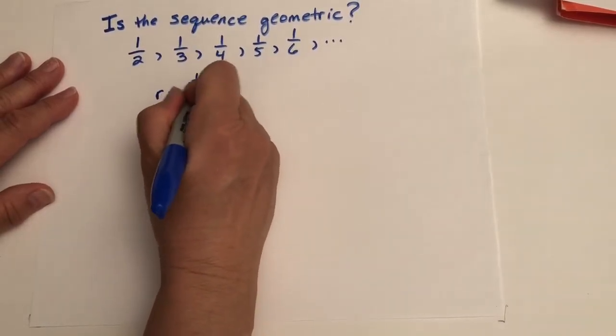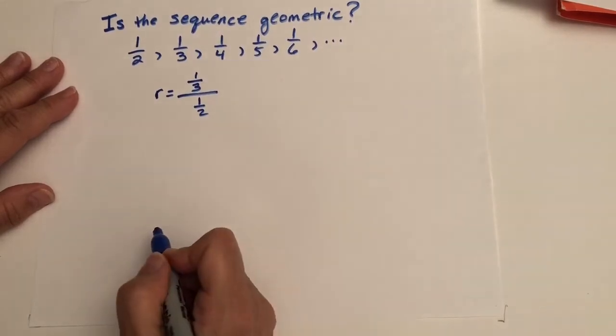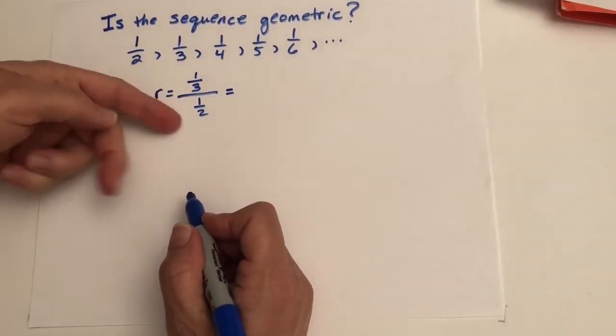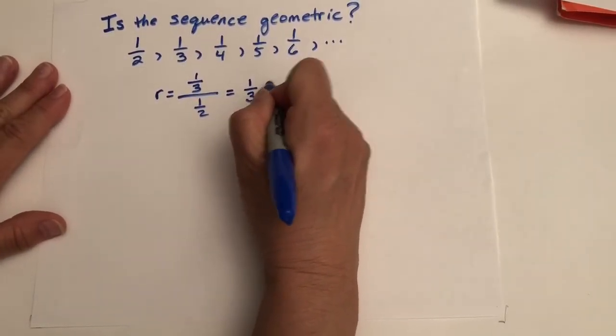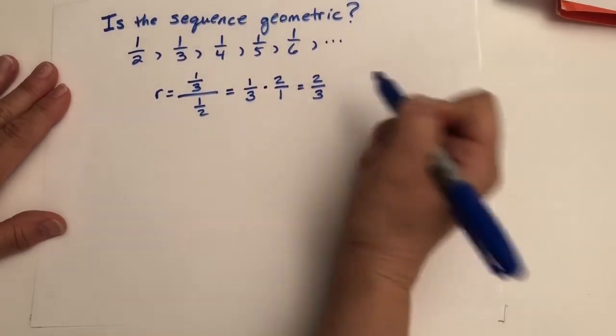What's the ratio when I take 1/3 and divide by 1/2? Well, we know when we have a division of fractions, we take the reciprocal of the second fraction and multiply, so it's 1/3 times 2 over 1, and we would get 2/3.